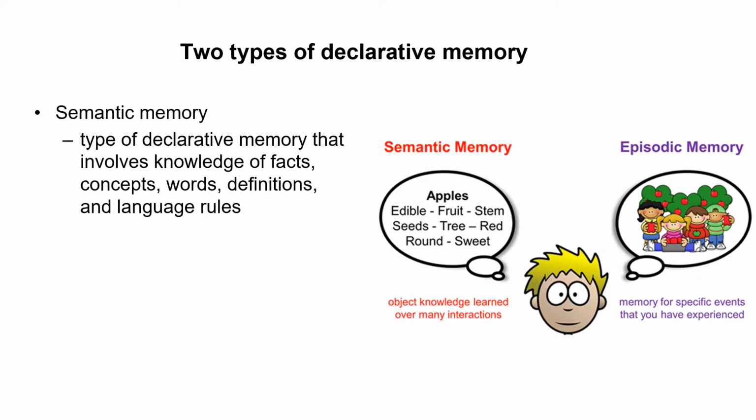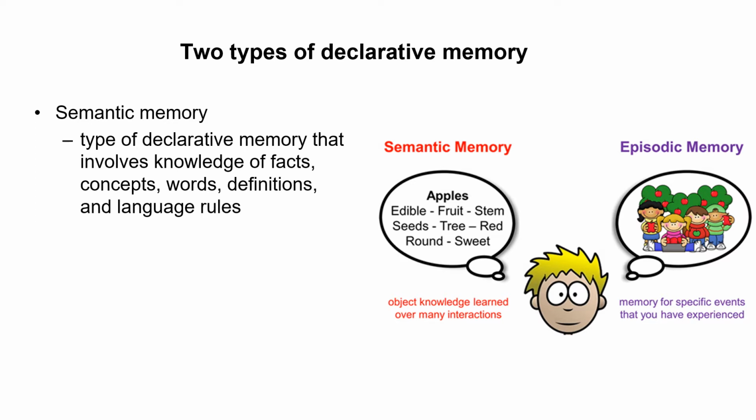The next two types of memory we're going to talk about are both within declarative memory. So we just looked at declarative memory, and I kind of differentiated them in that, but there are two different types within declarative memory, within explicit memory. The first is our semantic memory.